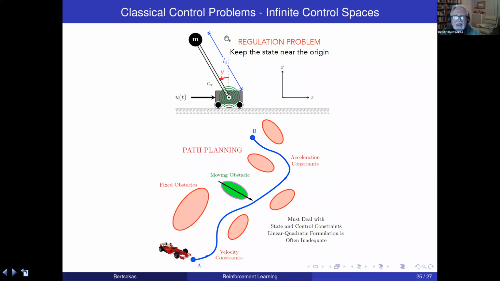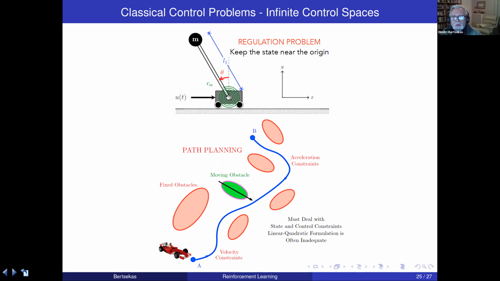So if the upright position corresponds to the origin, a zero of the problem, the control is the force that you apply on the car. And there are system equations that you can write here, differential equations. And there's an interesting control problem.